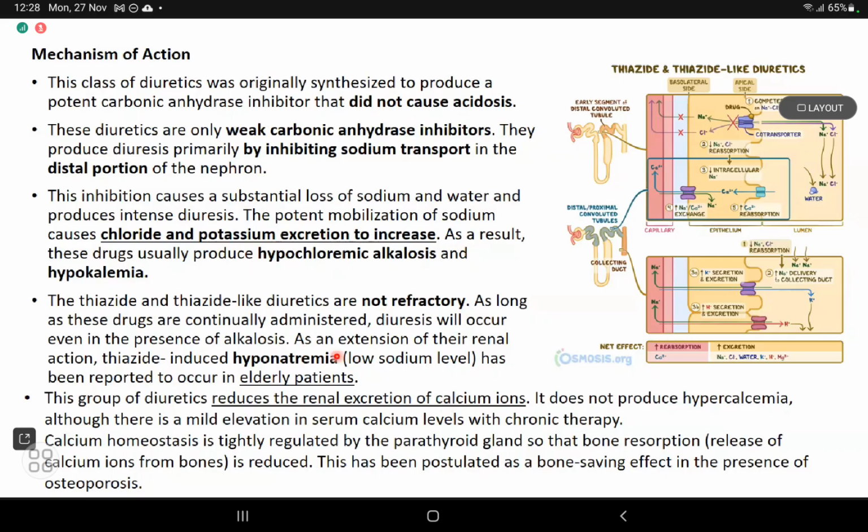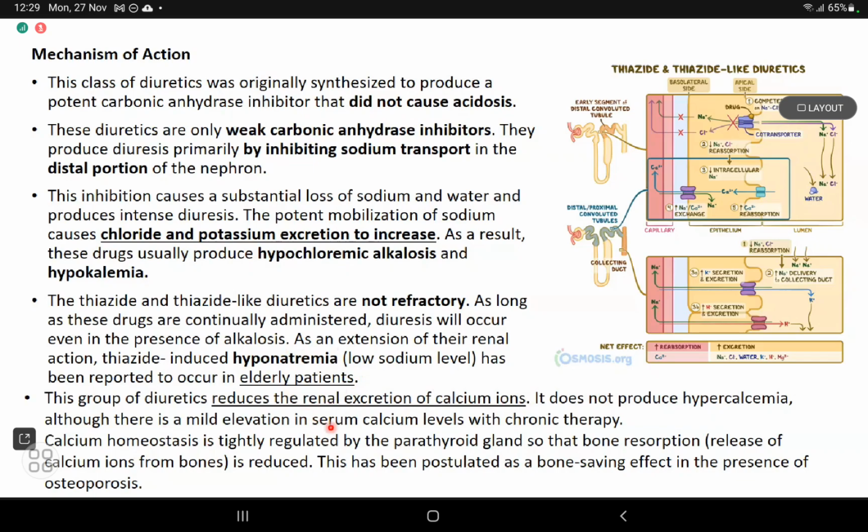Okay. Another thing is for elders, if you use this drug, it might cause hyponatremia in patients, so you need to remember because they inhibit the absorption of sodium. Another thing is this diuretic reduces the renal excretion of calcium, meaning that calcium will be preserved in your bloodstream.